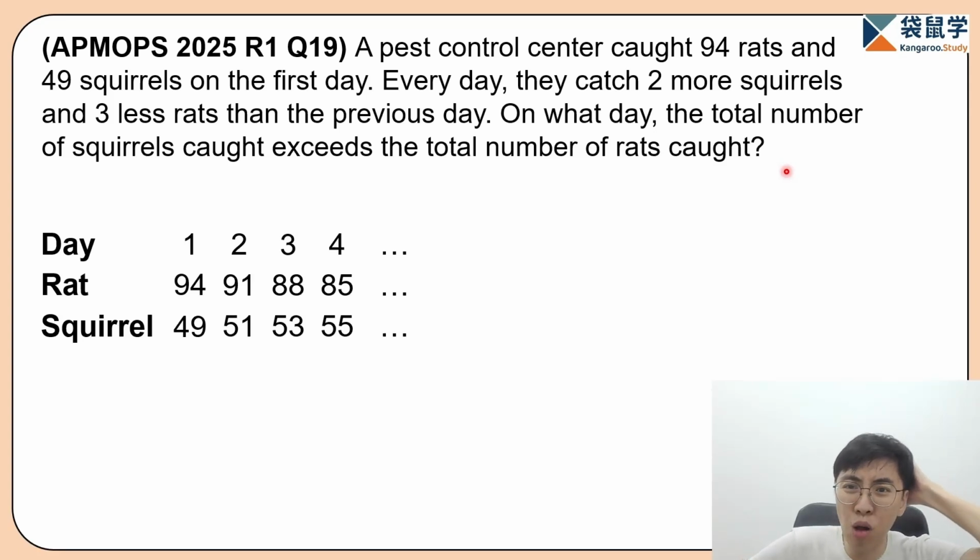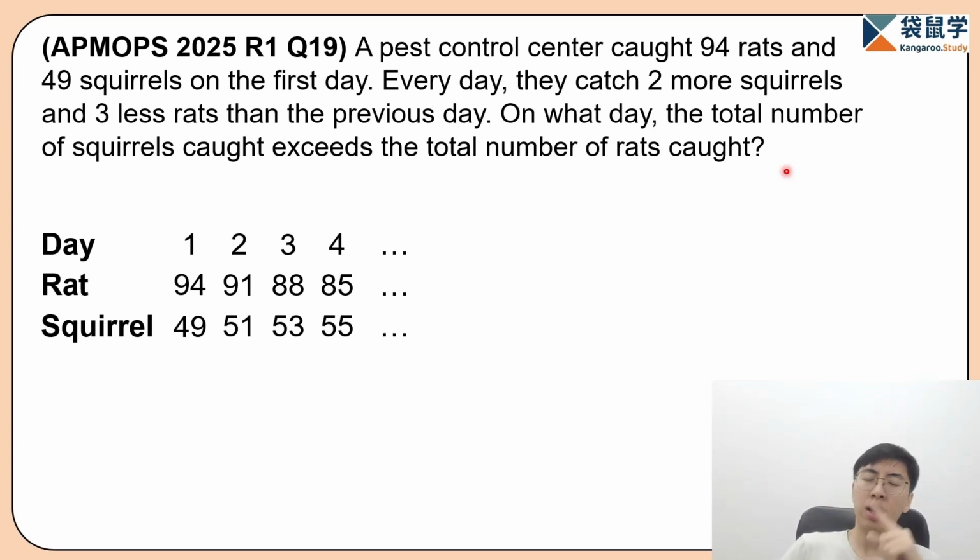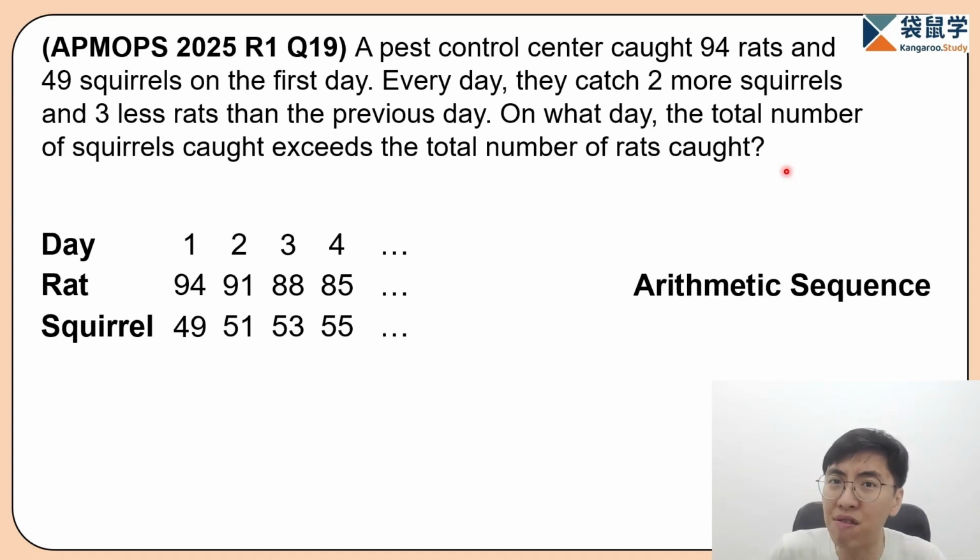Oh no, that's a small problem. We realize that the numbers of rats and squirrels are changing. What do they resemble? What have we learned before? They seem like an arithmetic sequence.